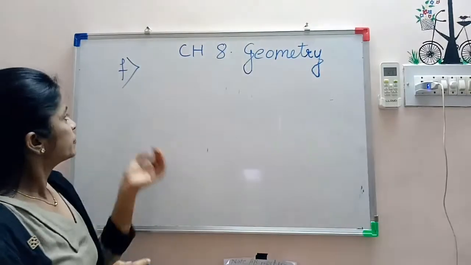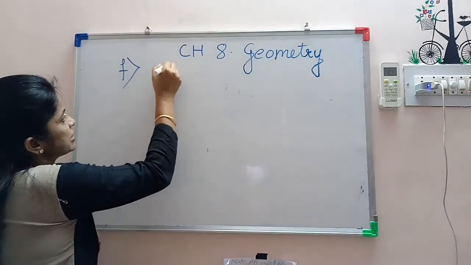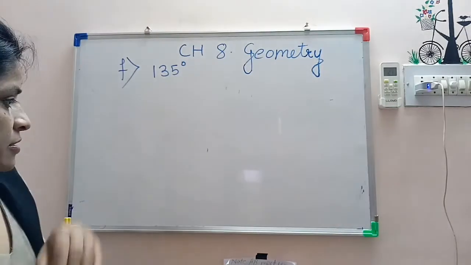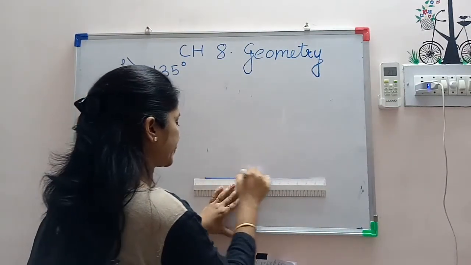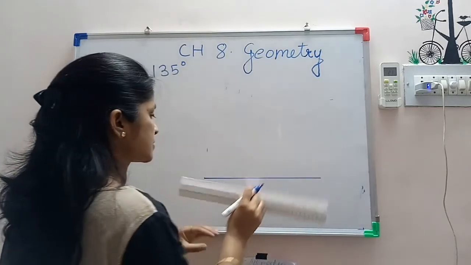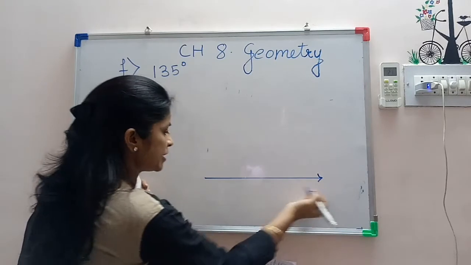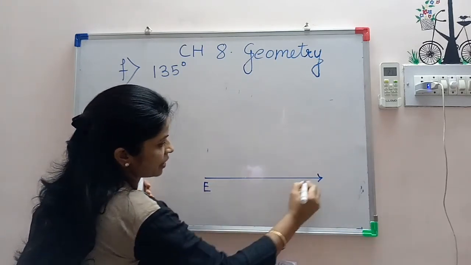Now students, we will measure the next angle, that is of 135 degree. For this, again I will draw one ray, and will name it as EF.